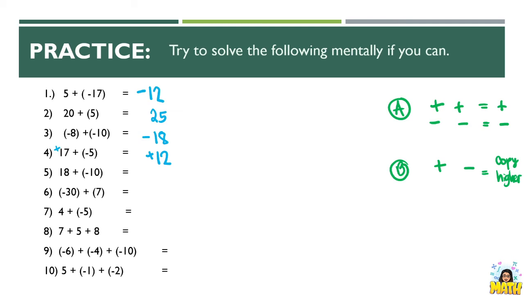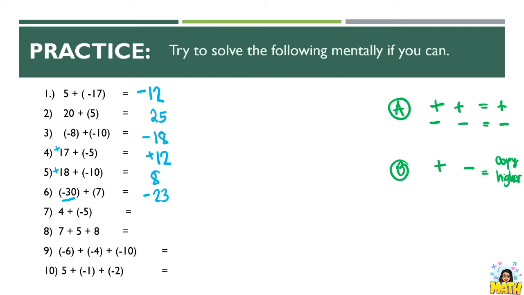Number 5, 18 plus negative 10. Again, they have different signs, so subtract 18 minus 10, that's 8, and copy the sign of the higher absolute value, that's positive 8. Same with number 6, different signs, so subtract 30 minus 7, that's 23, copy the sign of the higher absolute value, that's negative 23.